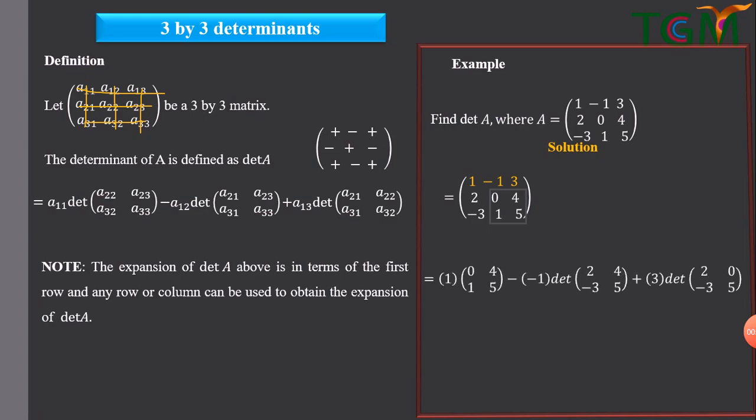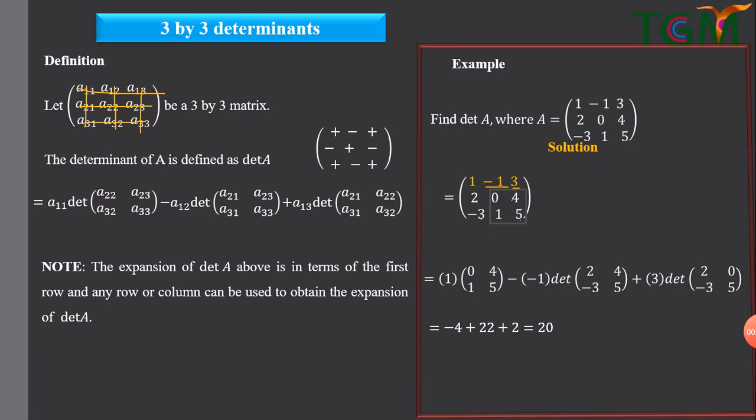We're multiplying 1 by this matrix 0, 4, 1 and 5, minus negative 1 multiplied by the determinant, side 2, we get negative 1, we are getting 2, 4, negative 3 and 5.